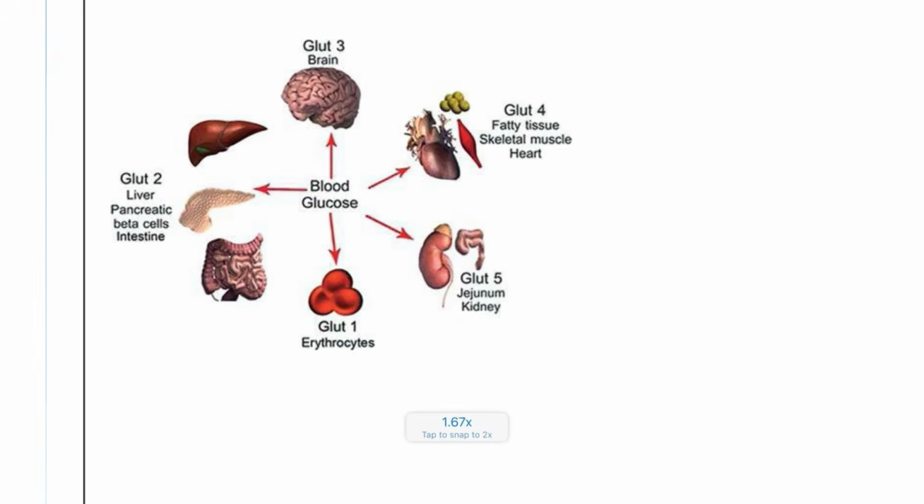Next, GLUTs. A GLUT question has been asked in the previous examination. Let's remember the GLUTs: GLUT 1, 2, 3, 4 and 5. These are important. First one, RBC and brain.